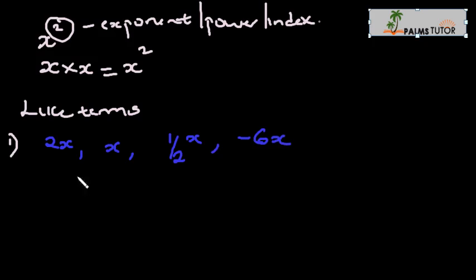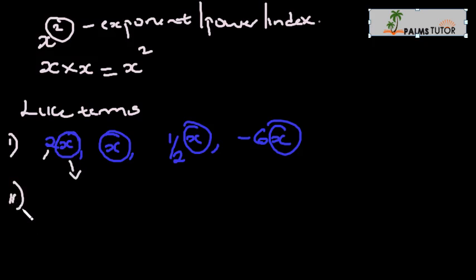All these are like terms. Why? Because their variables are the same, regardless of the coefficients. You know, the coefficient here, 2, is different from the coefficient here, which is 1. The coefficient here is half and this is minus 6.